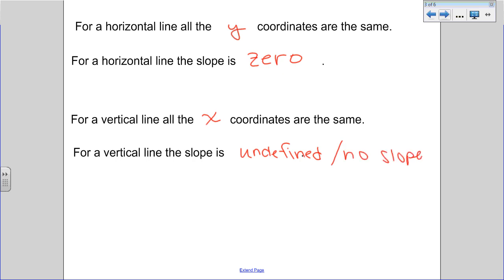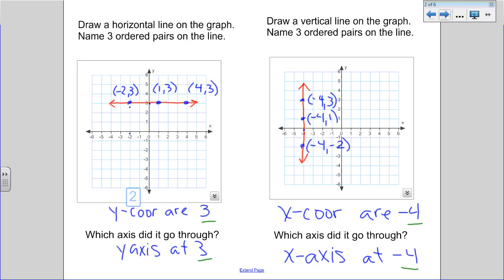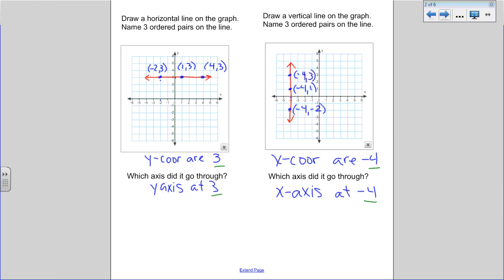All right, so how does all of this piece together to write us equations? Well, because on our first example all of the y-coordinates have to be 3, and it has to cross the y-axis at 3, this equation would actually be y = 3. And we've seen that. We've done some table work with that, ladies and gentlemen.